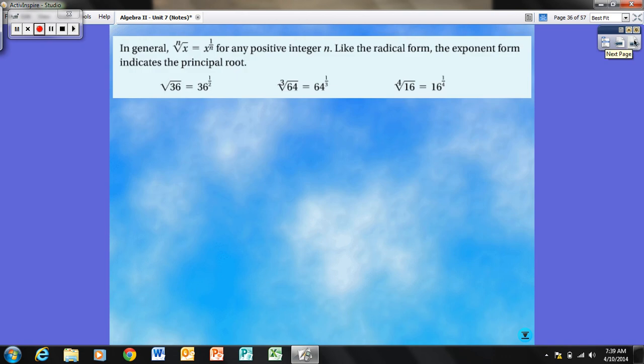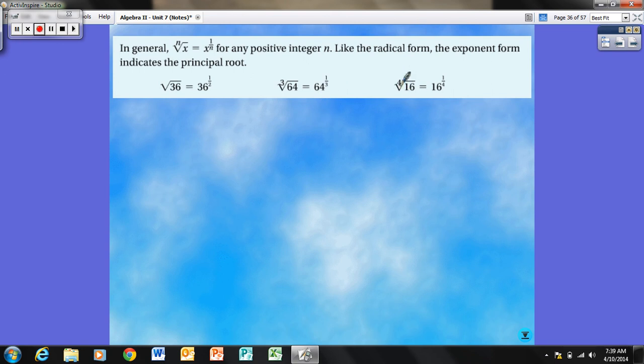Okay, so maybe you've never seen a fractional exponent before, so we're going to talk about what that means. We've seen the square root of 36, and the square root of 36 can be written as 36 to the 1/2. Those two mean the same thing. Just like if I'm taking the cube root of 64, that's really the same as 64 to the 1/3.